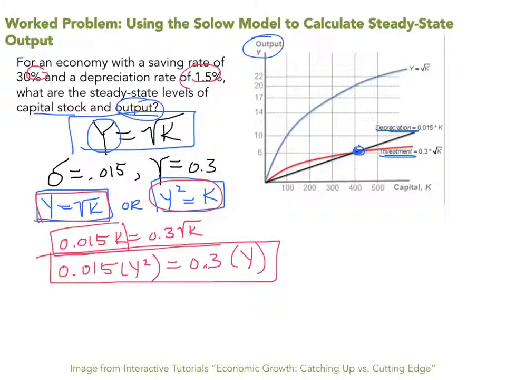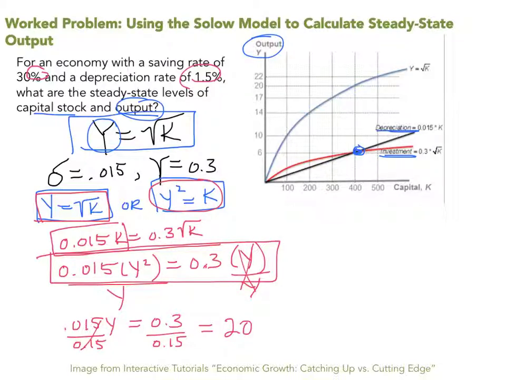First I'll divide both sides by y to get rid of that y. Now I've got 0.015 y squared over y, which turns into just y, equals 0.3. Now I can divide both sides by 0.015 to get it off of that side, and voila, I have 20.